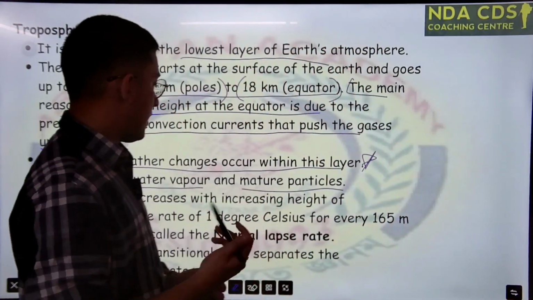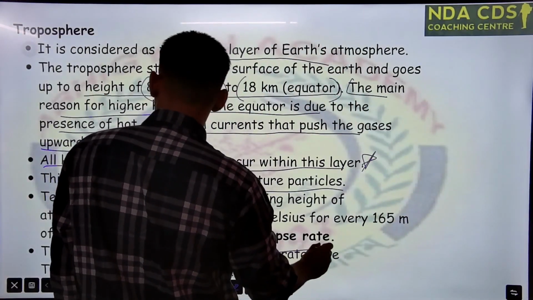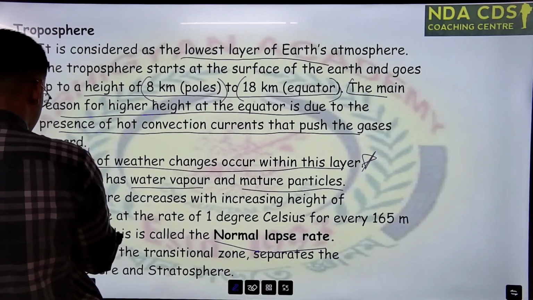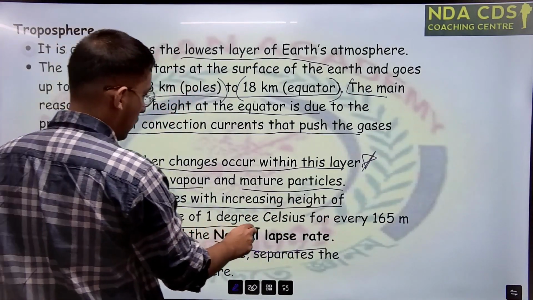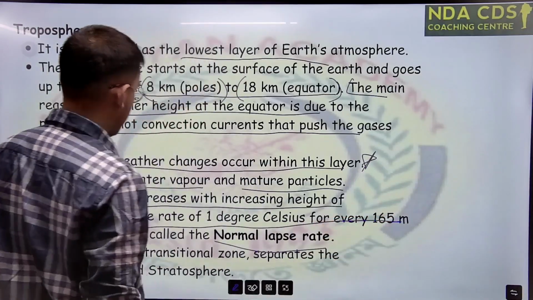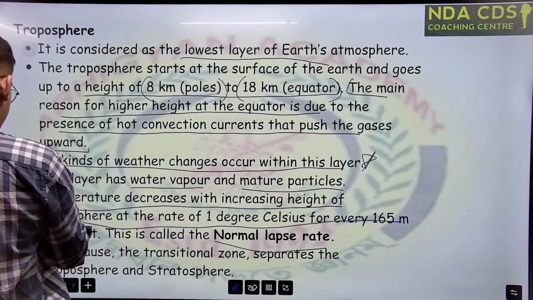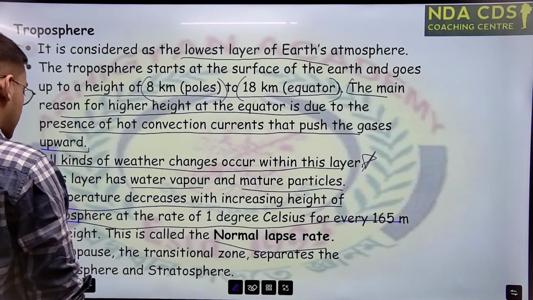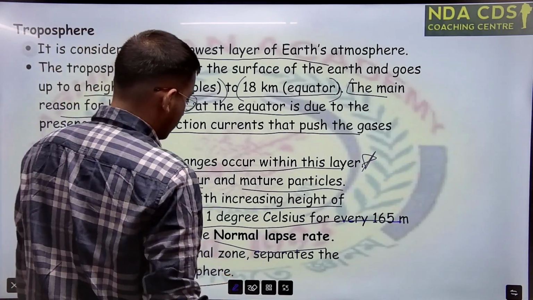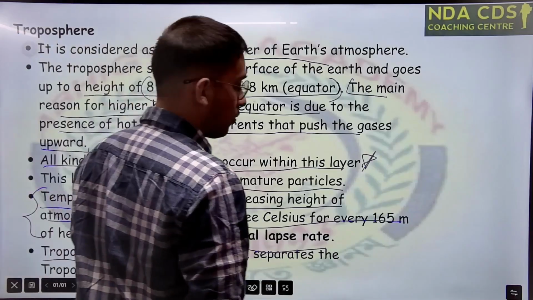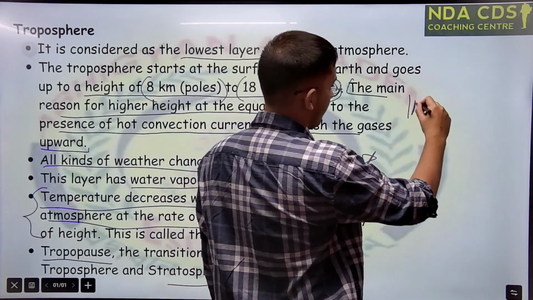So what is the normal lapse rate? According to this, temperature decreases with increase of altitude at the rate of 1 degree Celsius for every 165 meters. So this is known as your normal lapse rate. And the tropopause is between your troposphere and stratosphere. Now we shall learn about what is inversion of temperature.